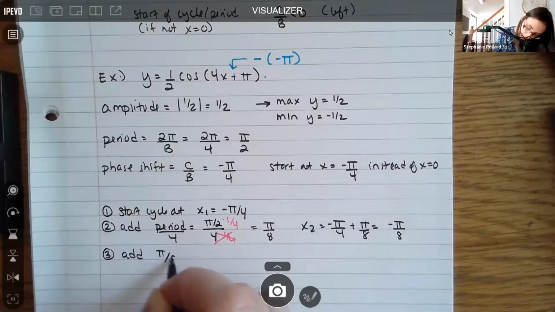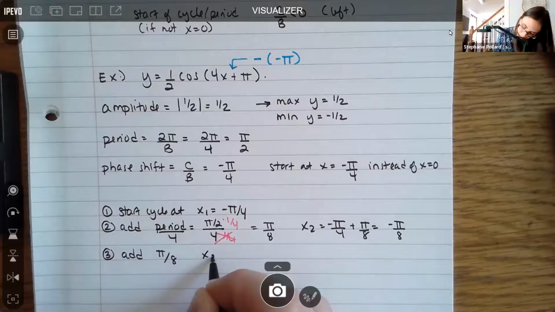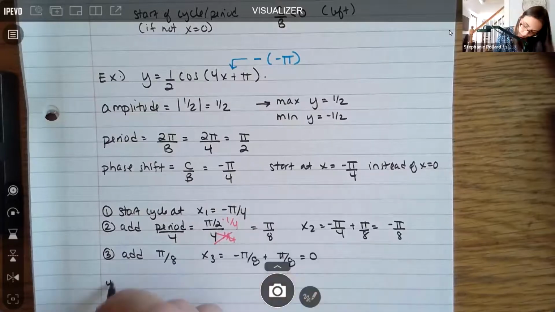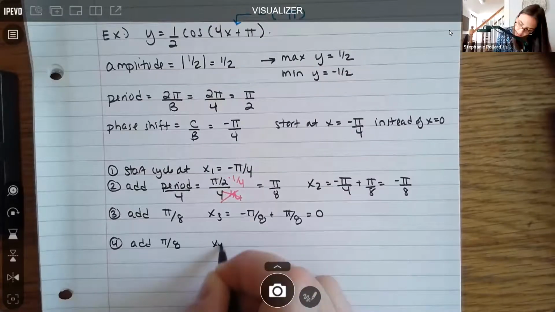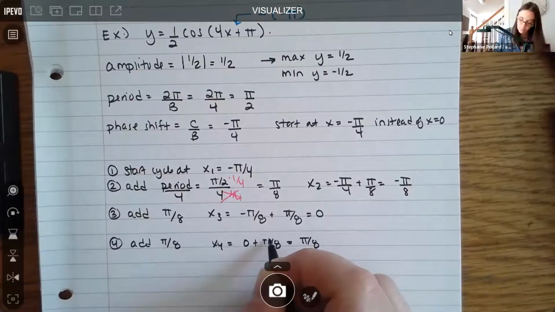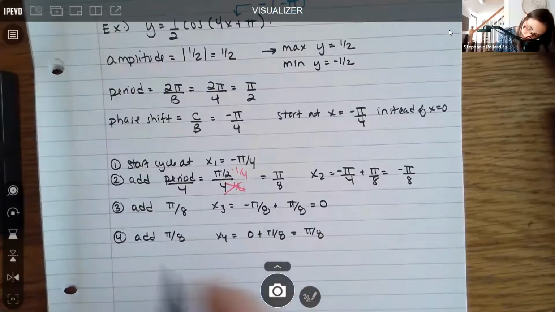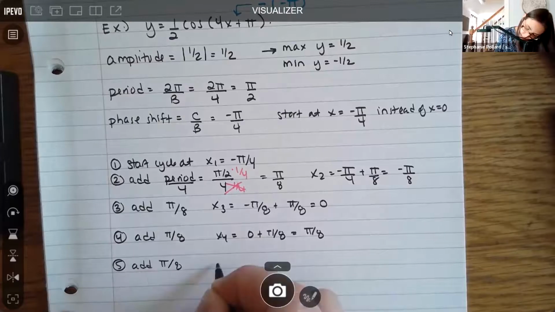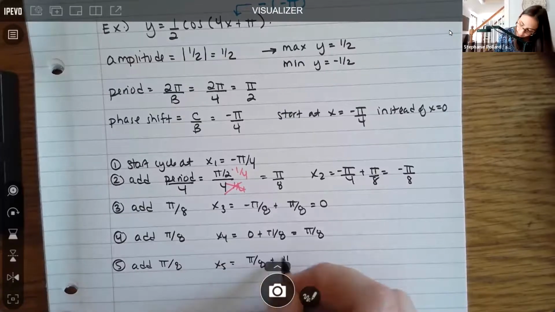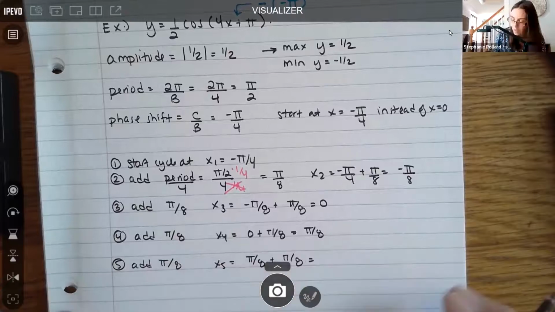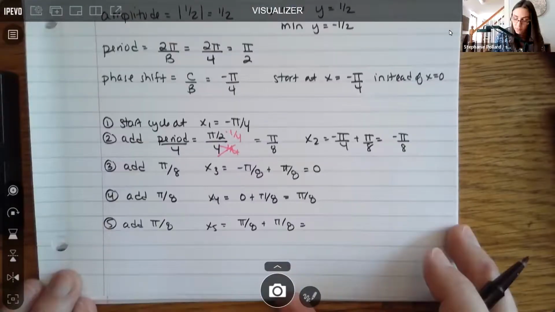So my third one will be negative pi over 8 plus pi over 8, which is 0. Add it again. Again, these two are kind of nice. 0 plus pi over 8 is just pi over 8. And then for the last one, pi over 8 plus pi over 8 is 2 pi over 8, which simplifies to pi over 4.